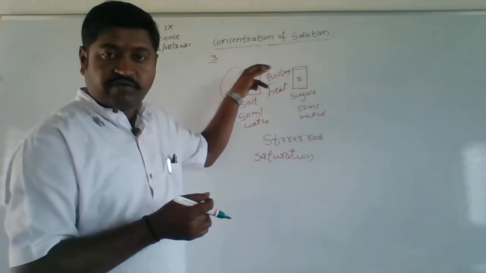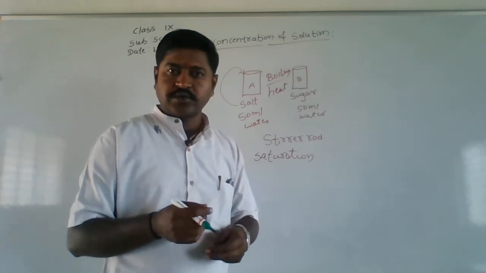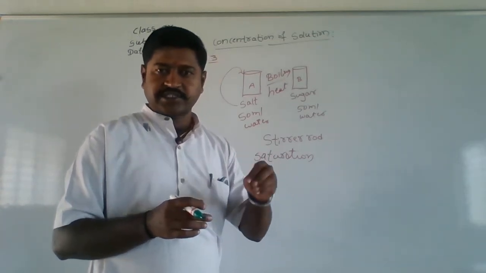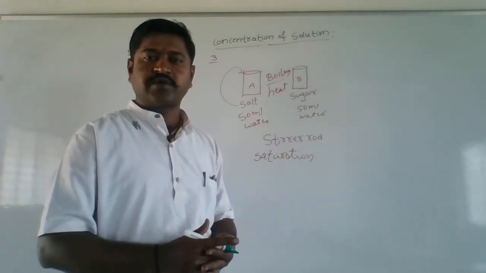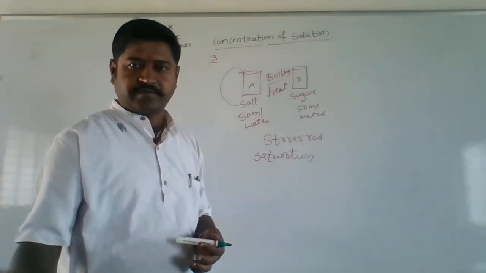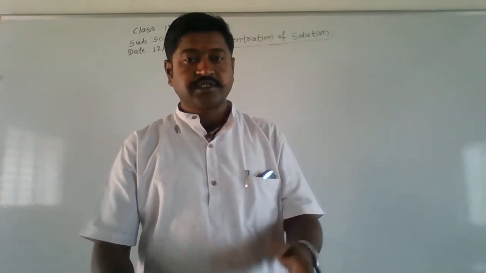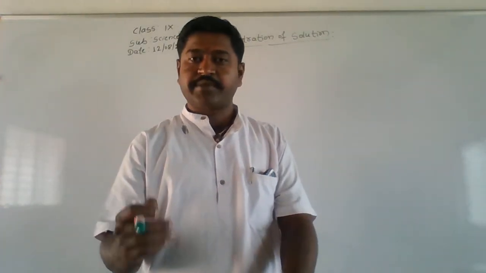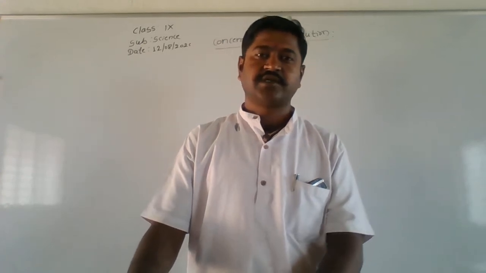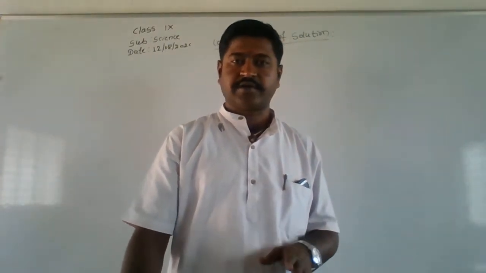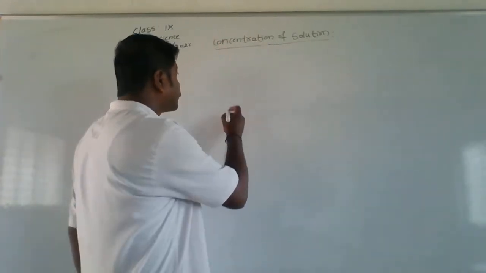So again, if we add solute, it will be dissolved, again to some extent. Again, after that, it is going to reach its saturation. So when the solute was not able to dissolve, we raised the temperature by 5 degrees Celsius. Then we started adding solute to it. Is this clear?